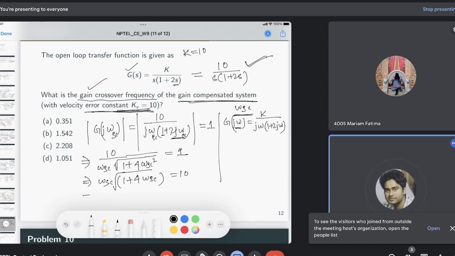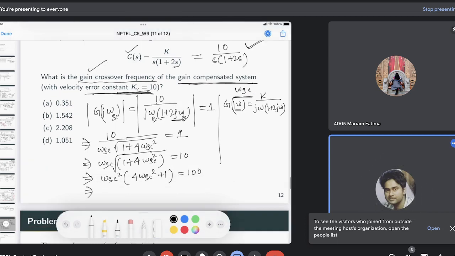So we just take the square on both sides, so it will be omega gc square times (4 omega gc square plus 1) equal to 100. We take all the terms to one side, so it will be 4 omega gc to the power 4 plus omega gc square minus 100 equal to 0.